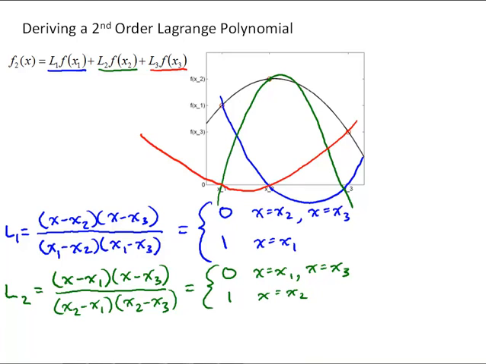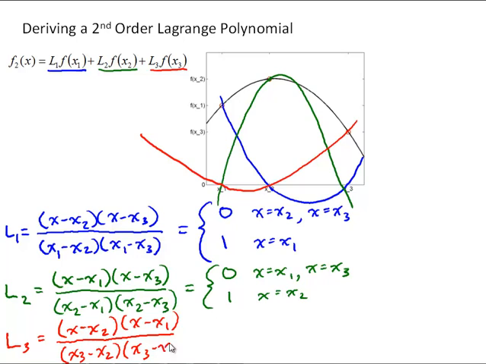Lastly, we can calculate L3 directly. L3 is going to be x minus x2, so it equals 0 at x equals x2, x minus x1, so it equals 0 at x equals x1, divided by x3 minus x2 and x3 minus x1.